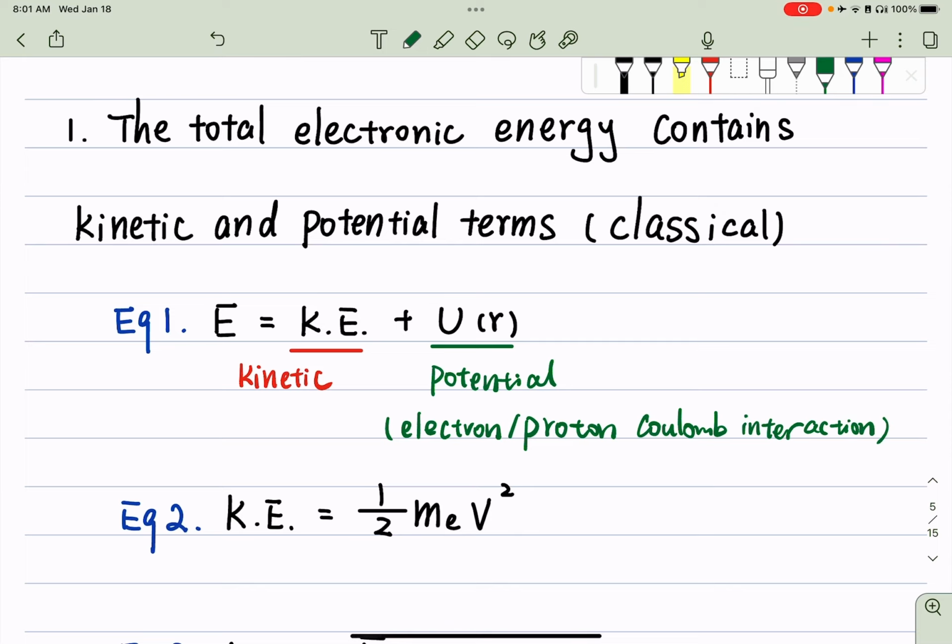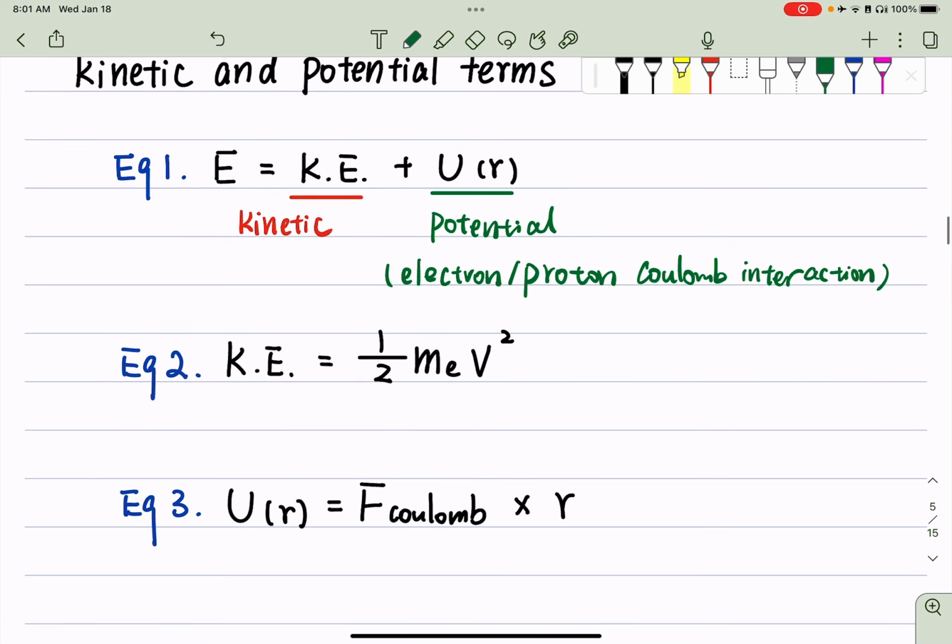All right. We can further rewrite our kinetic term and potential term to what exactly we mean. For the kinetic term, we have 1/2 m v squared. That's from basic physics. v is velocity, m_e is the mass of the electron.